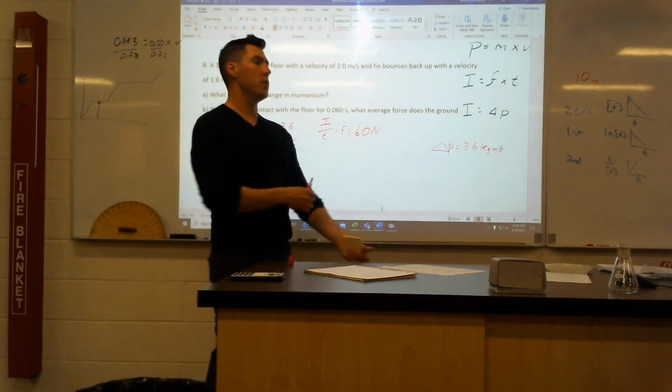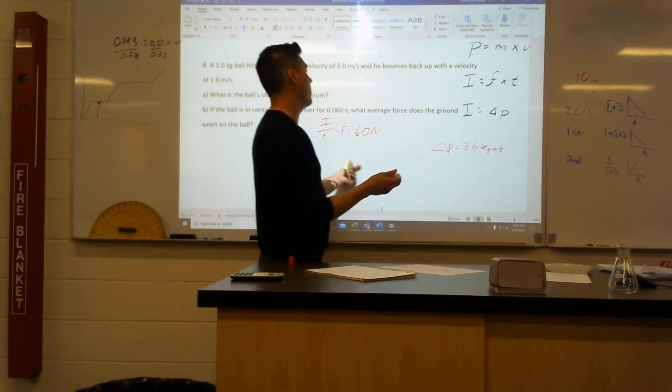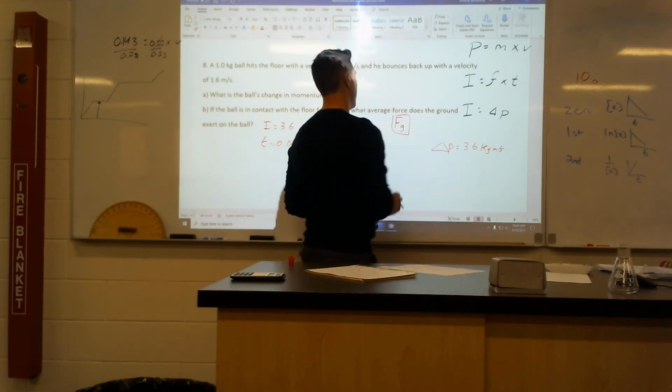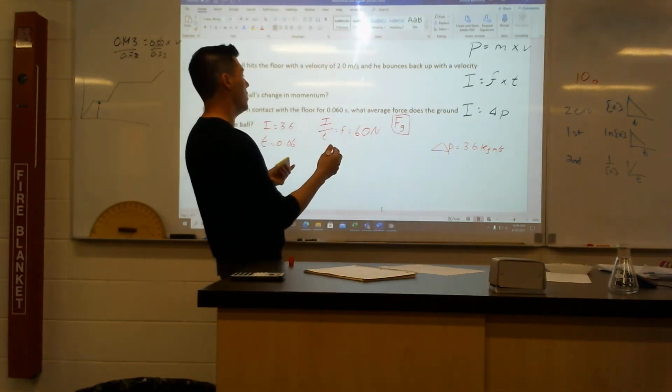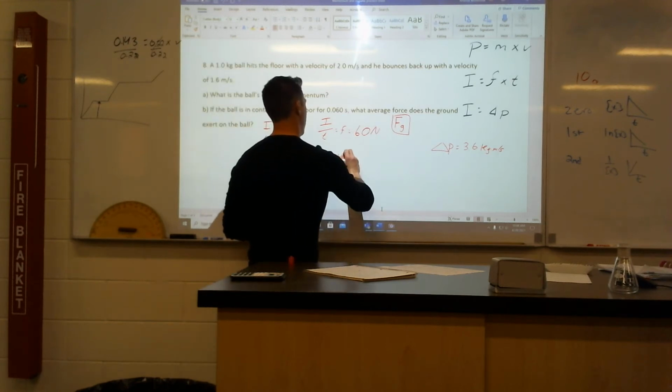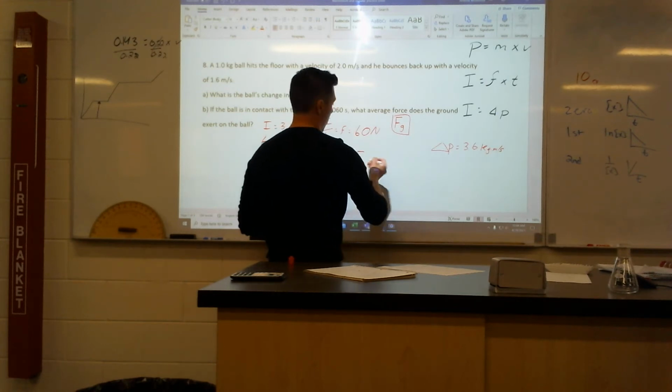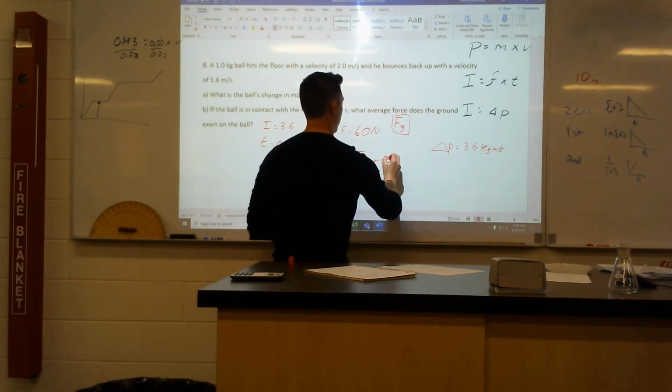The thing is, there's always still a force of gravity on this thing as well. So my total net force is going to be the force from the change in momentum, the impulse, plus my force of gravity.